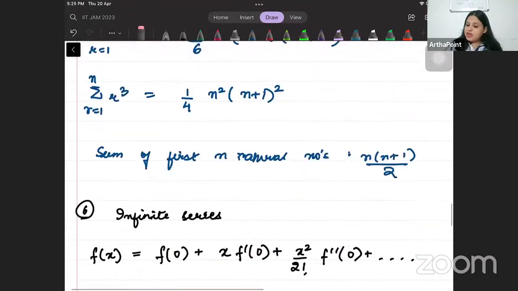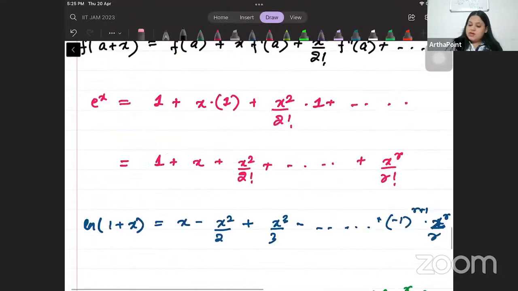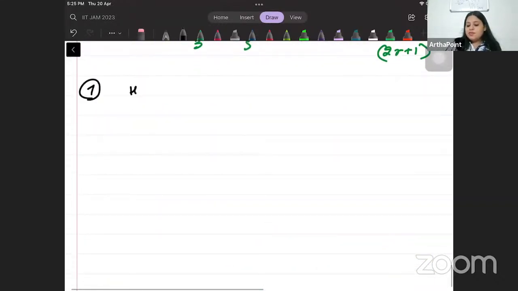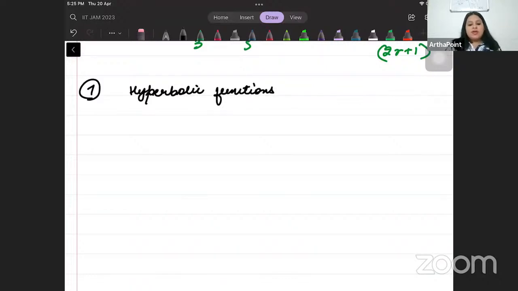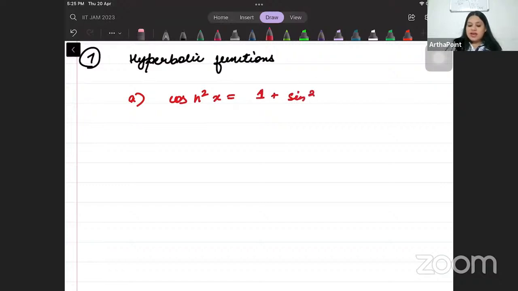Apart from infinite series, we also need, please write down, this was 6th. Then I also need hyperbolic functions. That is, it is very important to know some formulas of trigonometric functions. They are important from the point of view of the exam, right? So for example, cos h square x is 1 plus sin h square x, right?